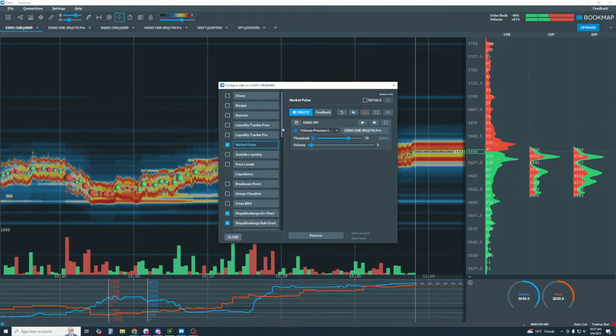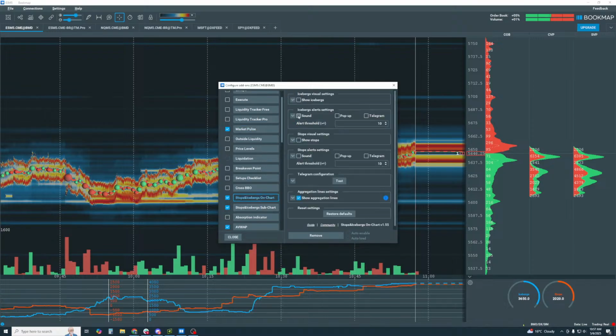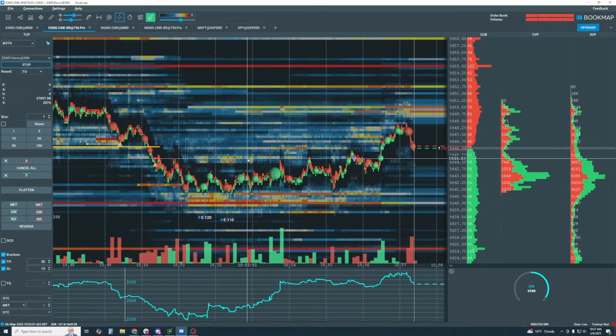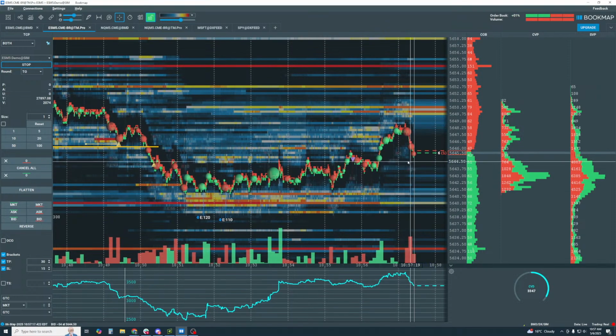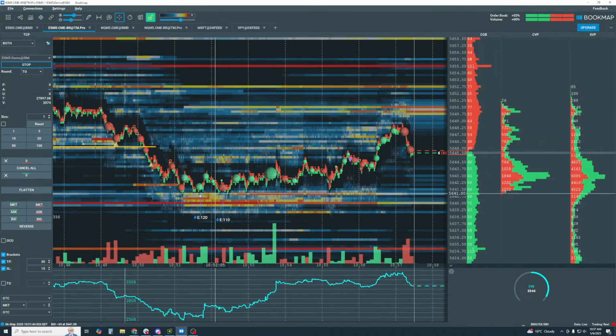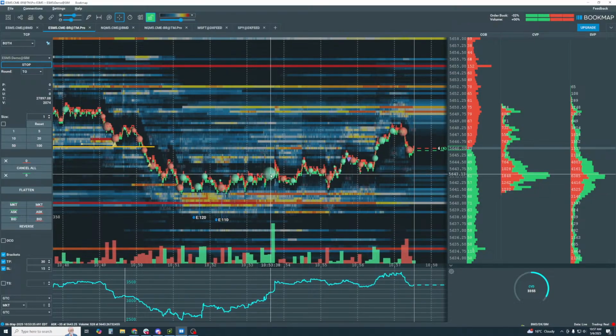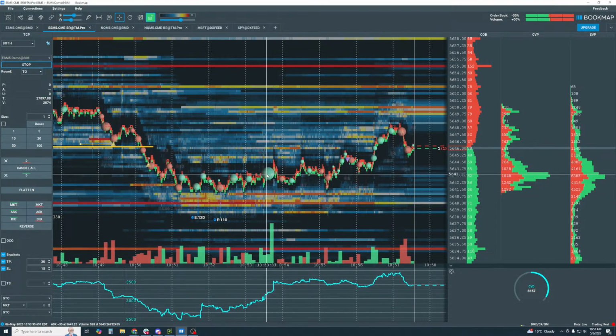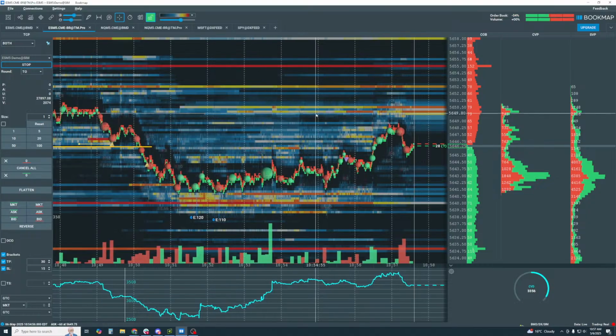Icebergs. And funny enough, icebergs are on the bid. So I don't know why we get these big moves in here or big volume dots and it fails to move the market.